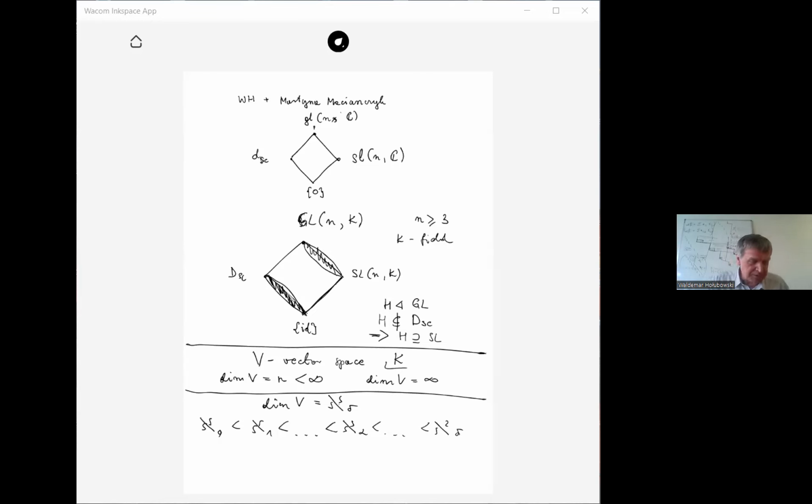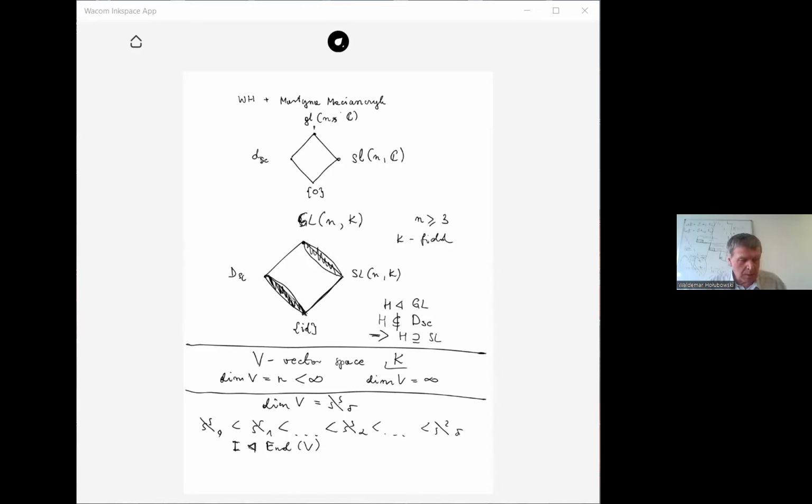And there is a very known problem which was solved by Jacobson. If we look at endomorphisms of this vector space, the problem is how one can describe all ideals of this algebra of endomorphisms. Here we have linear transformations from V to V, and we look at two-sided ideals.